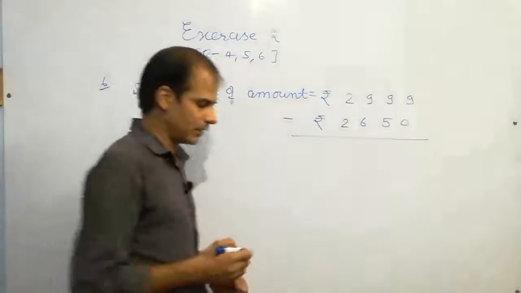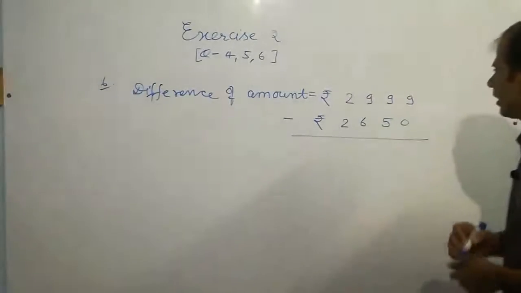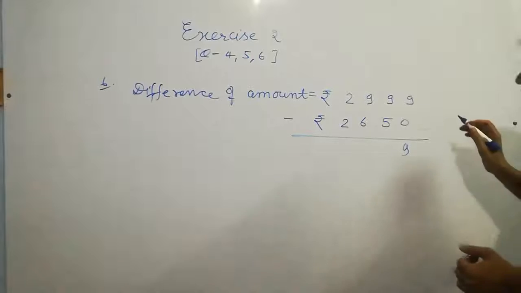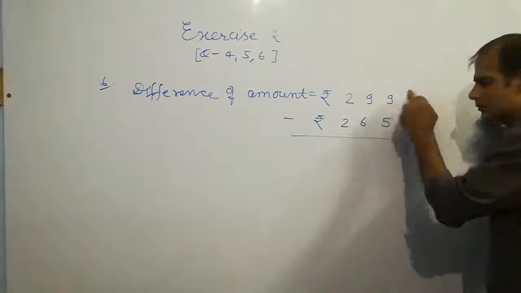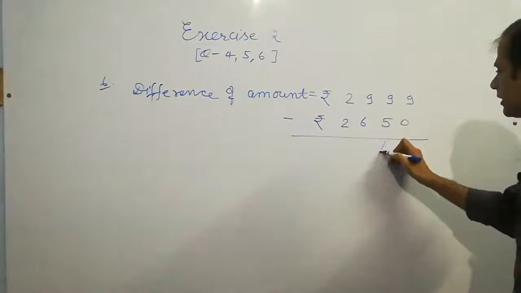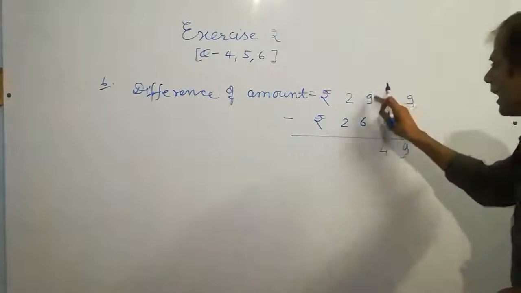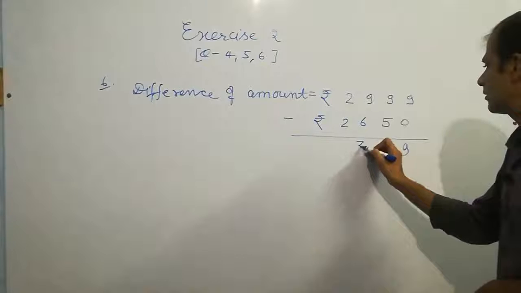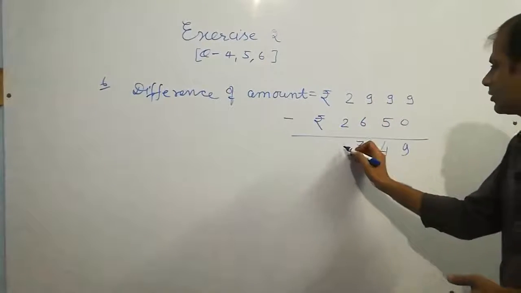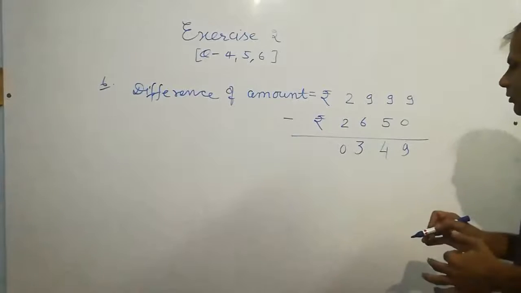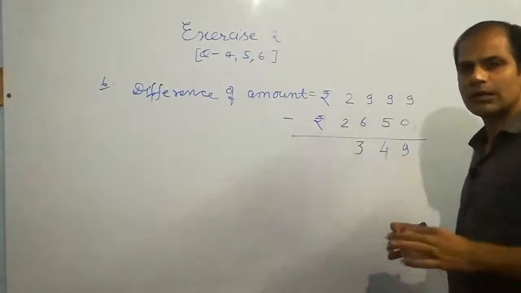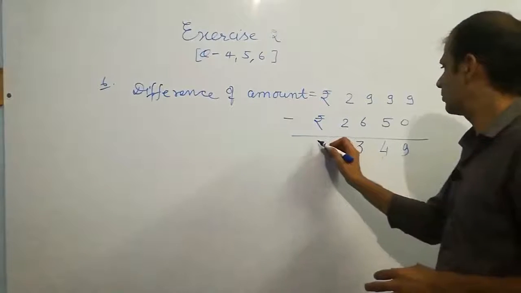Now perform subtraction. 9 minus 0 is 9, because if you subtract 0 from any number you get the same number. 9 minus 5, it is 4. 9 minus 6 is 3, and 2 minus 2, 0. If you write 0, it doesn't matter, but you don't need it because the number cannot start with 0.